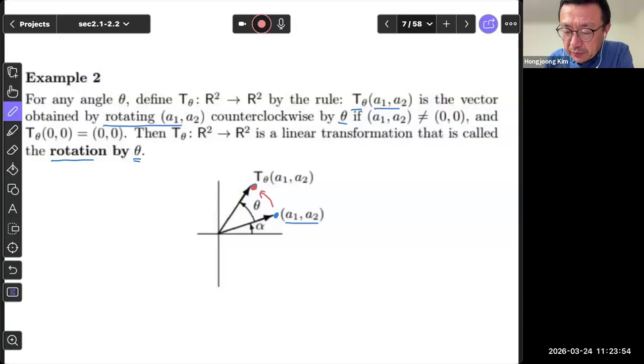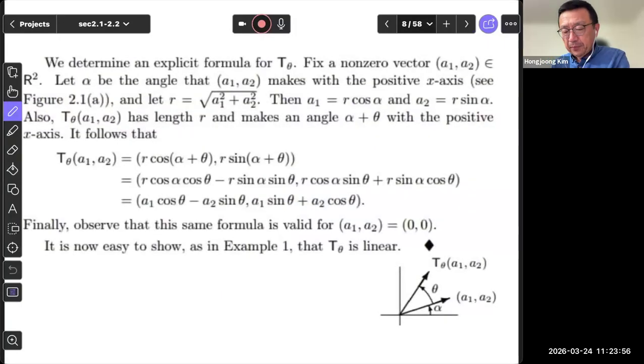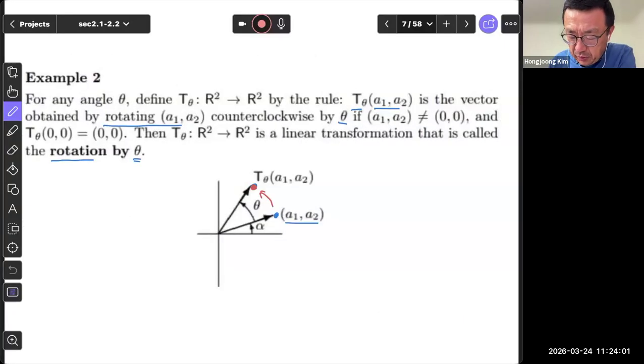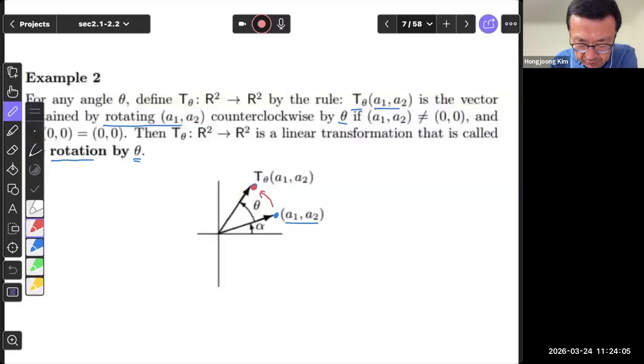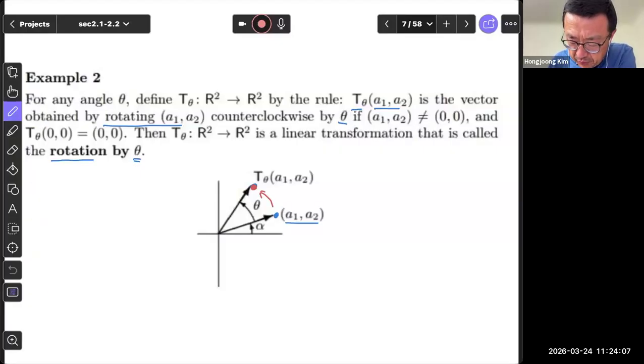Let me extend this. Let me draw the picture here. Let us consider this right triangle. Suppose that a1, a2, this blue dot, has the angle alpha with the x-axis.